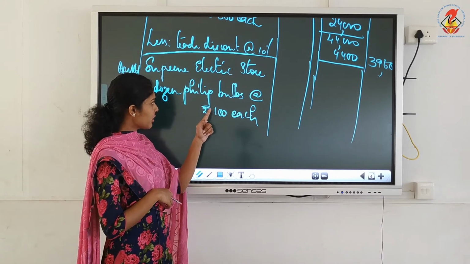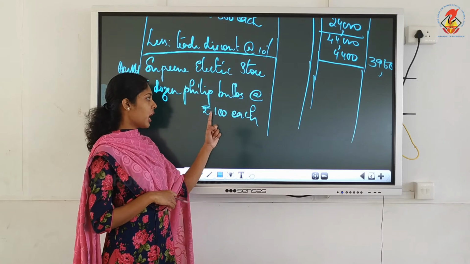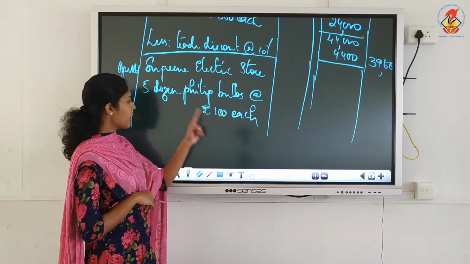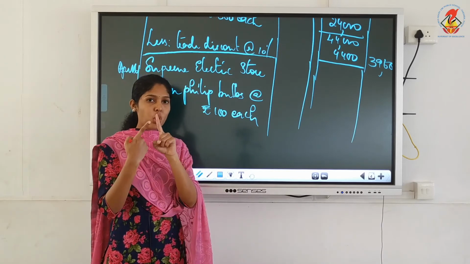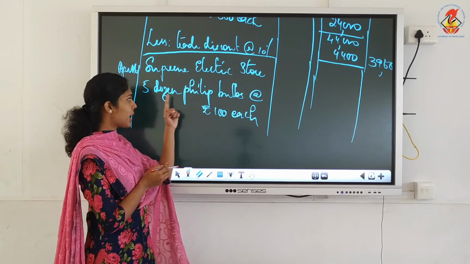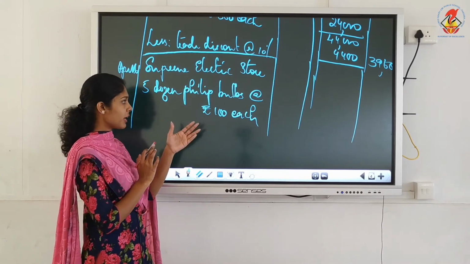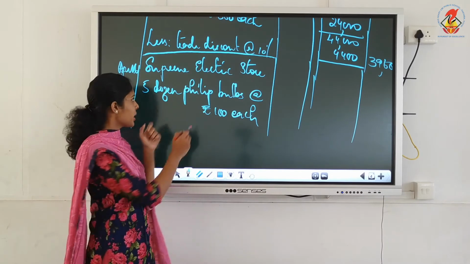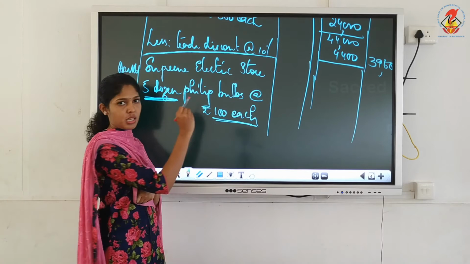And it is not given 100 per dozen. If it was like previous question, 100 per dozen, you just have to do 100 into 5. But here it is given 100 each. That means for one bulb, the amount is 100. How many bulbs did we purchase? Are we purchasing 5 bulbs? If it was 5 bulbs, you can do 100 into 5. But here it is written 5 dozen. You have to see all these terms very carefully. Understood?